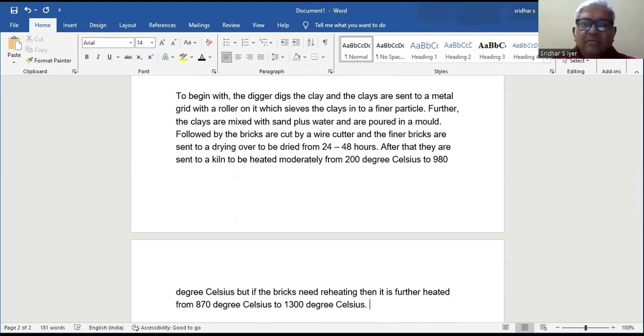All right, so after that, they are sent to a kiln to be heated moderately from 200 degrees Celsius to 980 degrees Celsius. But if the bricks need reheating, then it is further heated from 870 degrees Celsius to 1300 degrees Celsius. Then what?